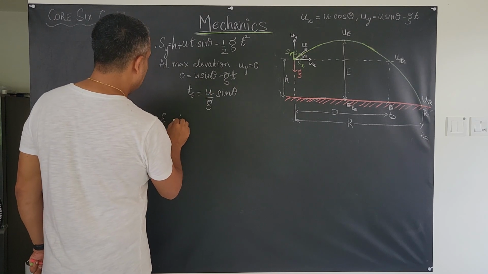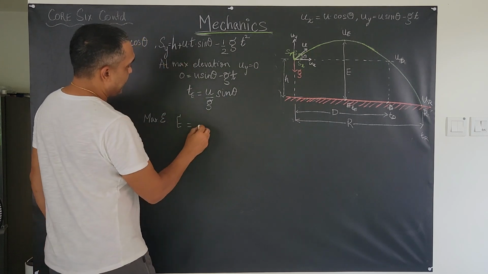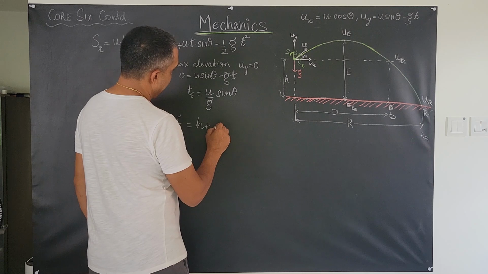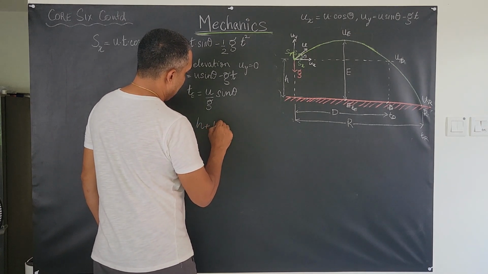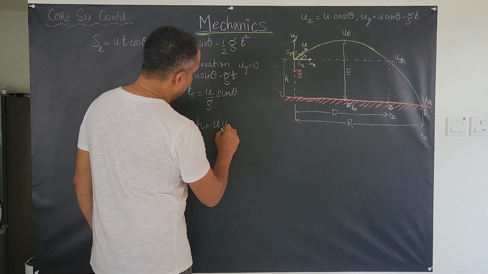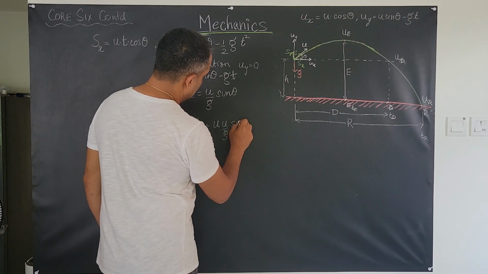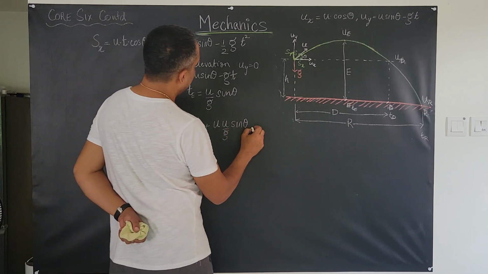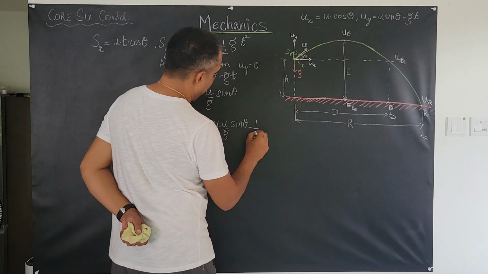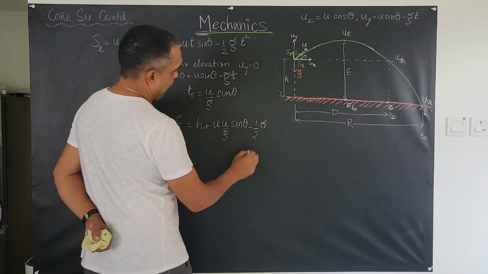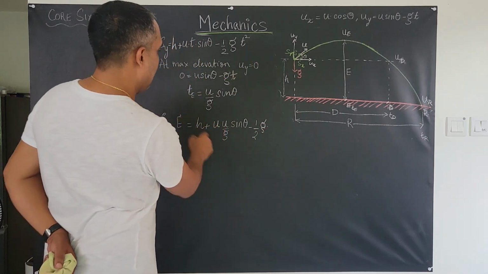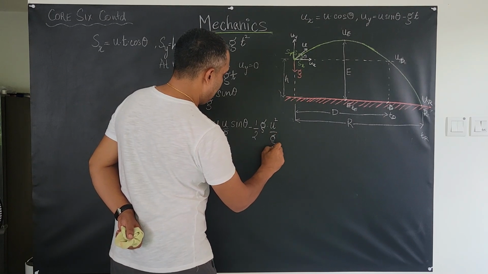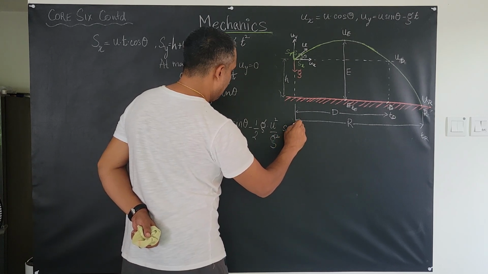So that would be the distance E, substituting into sy is H plus U times U by G sine theta, minus 1/2 G times T square, U square by G square sine square theta.